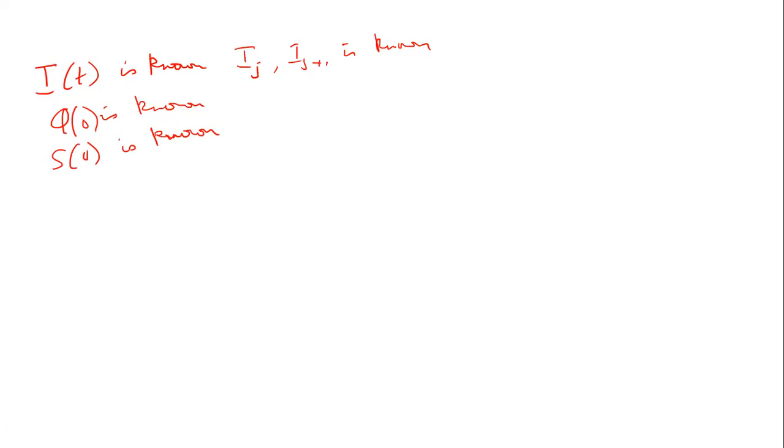So is there a way for us to try to estimate what Qj plus 1 and Sj plus 1 will be, given this information? Okay. Do we need anything else to attempt to solve this problem? Okay.